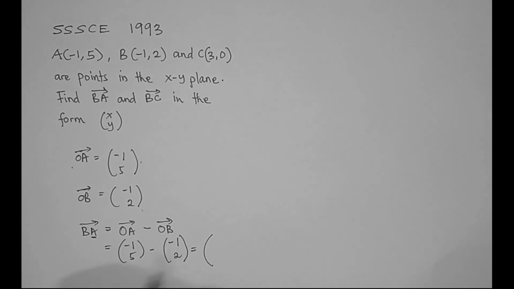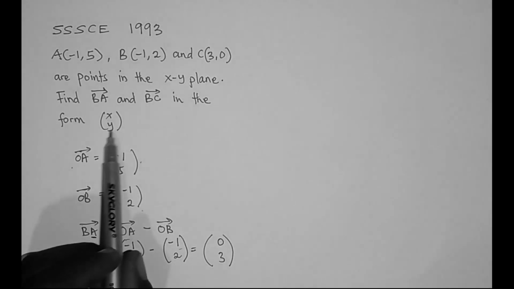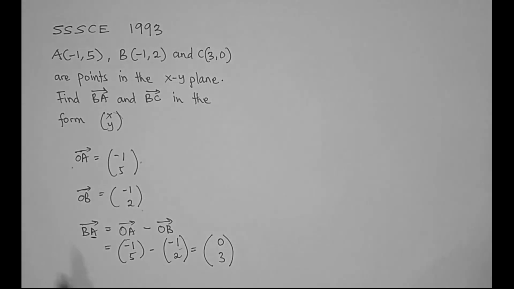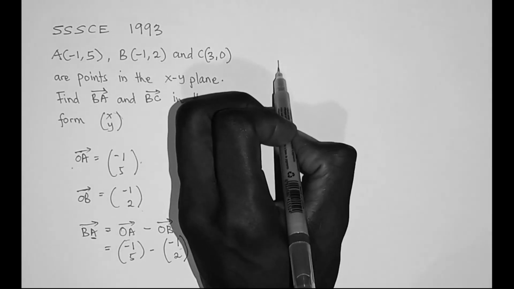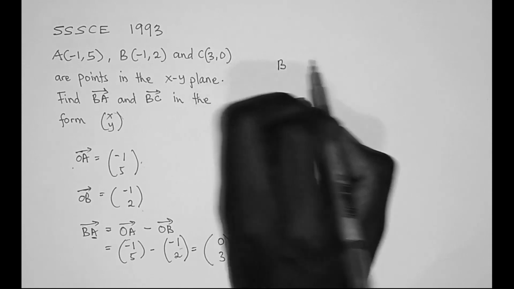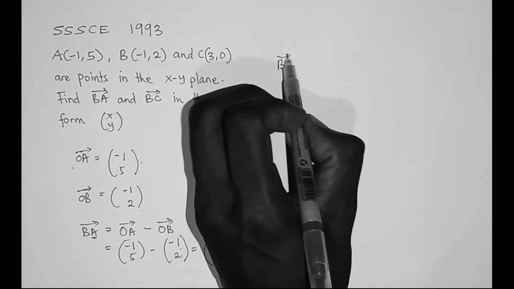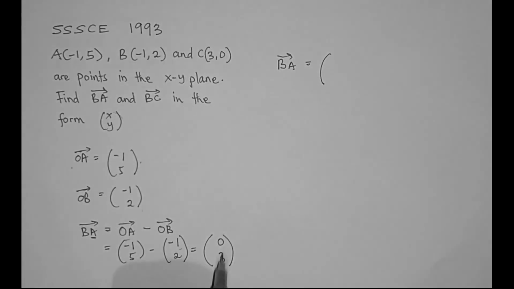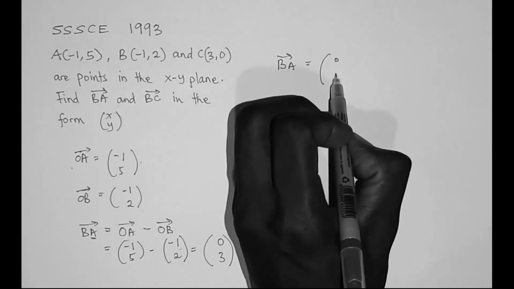And this is equal to -1 minus -1, which is -1 plus 1, which is 0. And then 5 minus 2 is 3. And therefore, at the end of the day, the question says we should leave it in the form of a column vector. So BA is equal to 0 and 3.